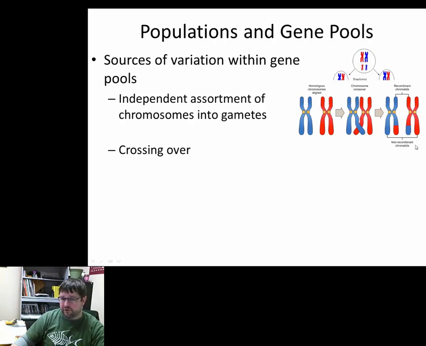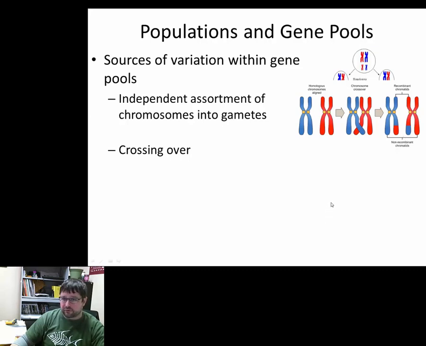Now the amount of variation, or the number of possibilities for this to occur, is basically endless. We don't even have the capability of predicting when this can occur. It occurs often enough that the majority of the time when your gamete cells go through meiosis, you will have multiple events of crossing over, multiple exchanges of chromosome material.